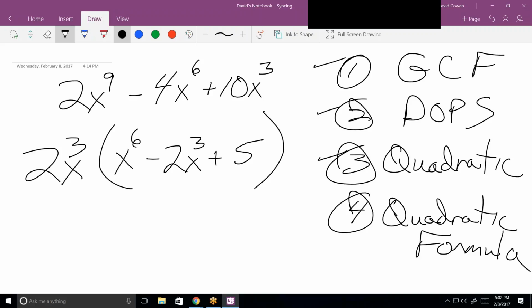Now, the quadratic formula can only be applied to quadratics. Well, this doesn't look like a quadratic, but in reality it really is. In other words, the only thing a quadratic is for this term to be the square of that term. If it is, then it can be treated like a quadratic.